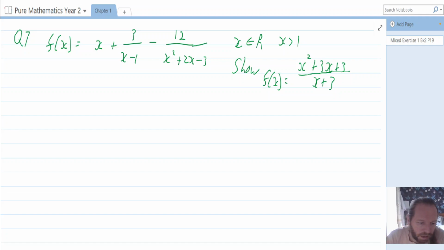Okay, so here we are, Pure Mathematics, Year 2, Edexcel, Chapter 1, Algebraic Methods, Question 7. It states, f of x is (x + 3)/(x − 1) − 12/(x² + 2x − 3). x is an element of the real number set, and x is greater than 1.